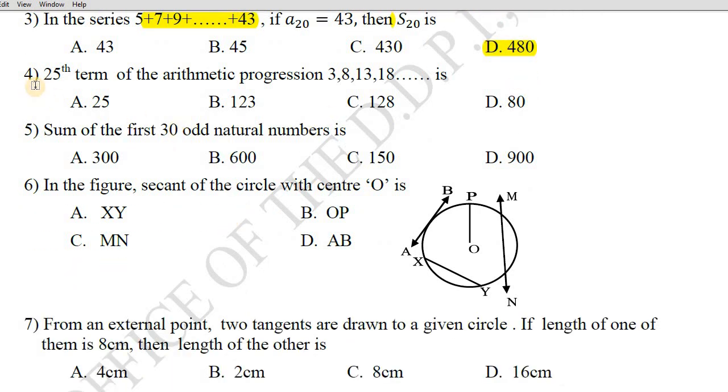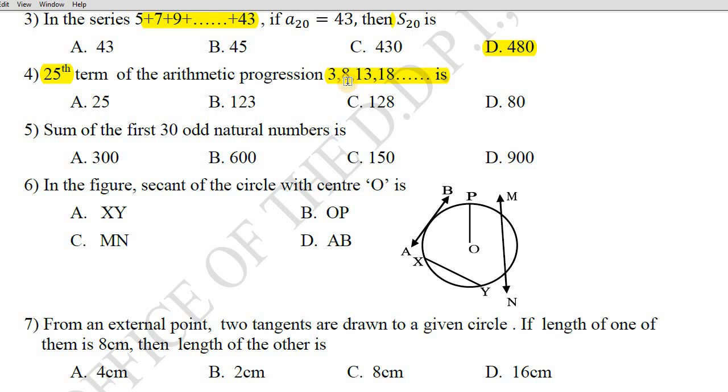Next, let's see question number 4. 25th term of the arithmetic progression 3, 8, 13, 18 and so on is. So they are asking the 25th term, and they have given an arithmetic progression. Given options are 25, 123, 128, 80. So we can easily find A value. What would be A value here? That is 3.